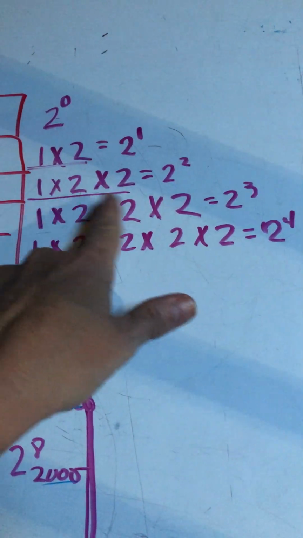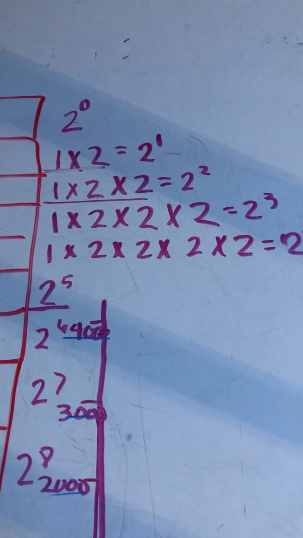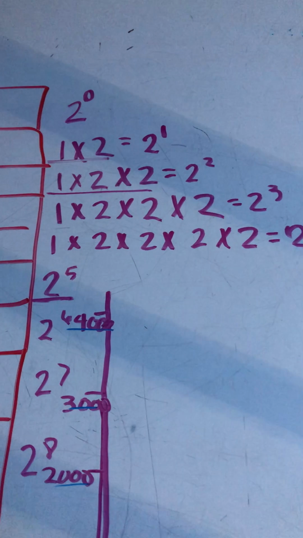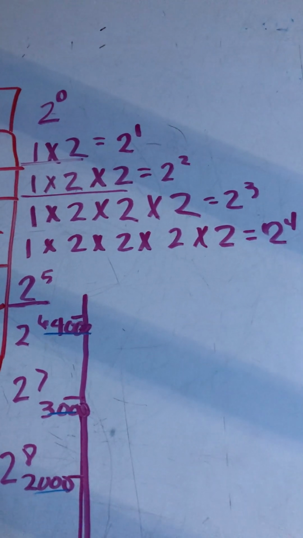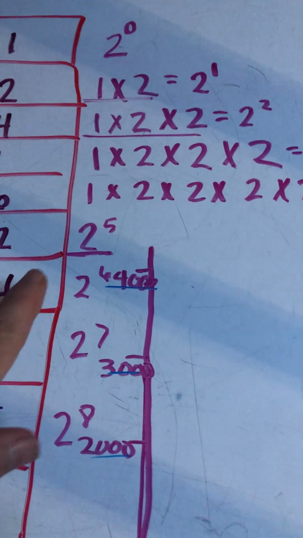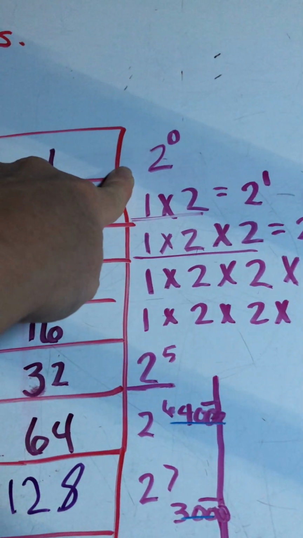So first we started writing times 2, and I was like, how about we just use the exponent notation so we don't have to write times 2 so much? And she was like, yeah, okay. So then we're going through here, and I'm like, well, let's back up. How many is this one?